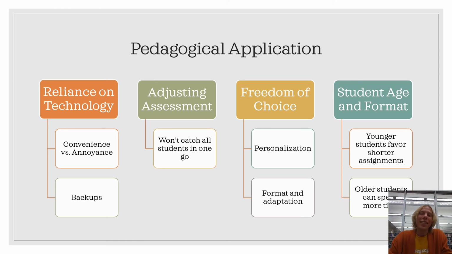But as far as student age and format goes, one of the papers that I read, and this sounded true from my conversation with my mentor teacher, is that younger students do better with shorter assessments and assignments when online. The younger students can use tablets more and they have more fun doing shorter things, whereas older students like digging their fingers in and getting into bigger issues, right?